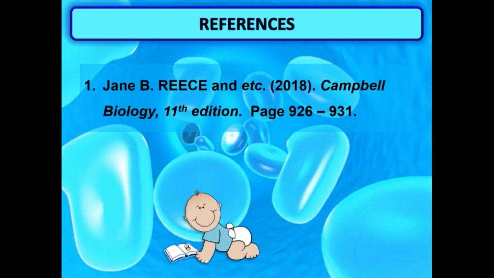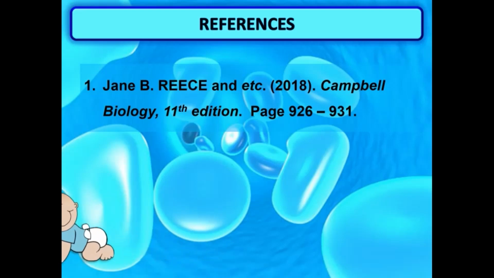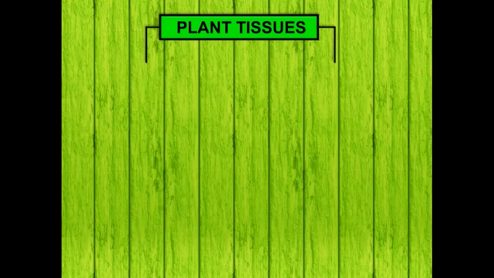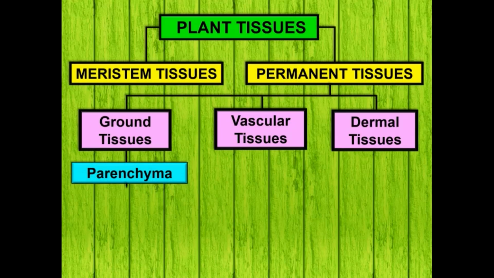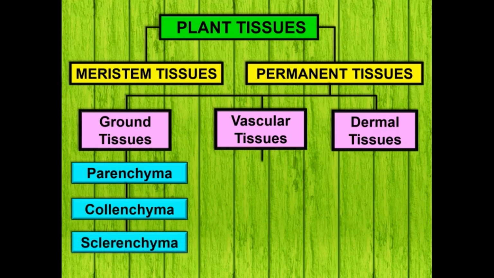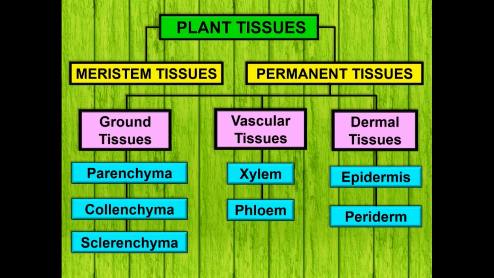Next, we are going to learn about plant tissues. Classification of plant tissues. We look at meristem tissues first.